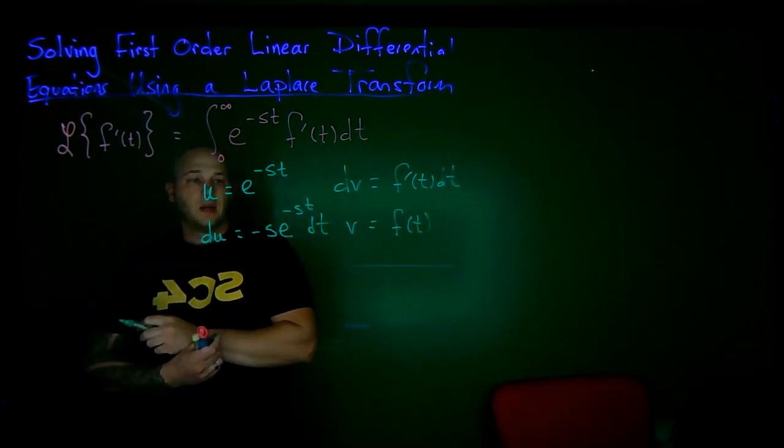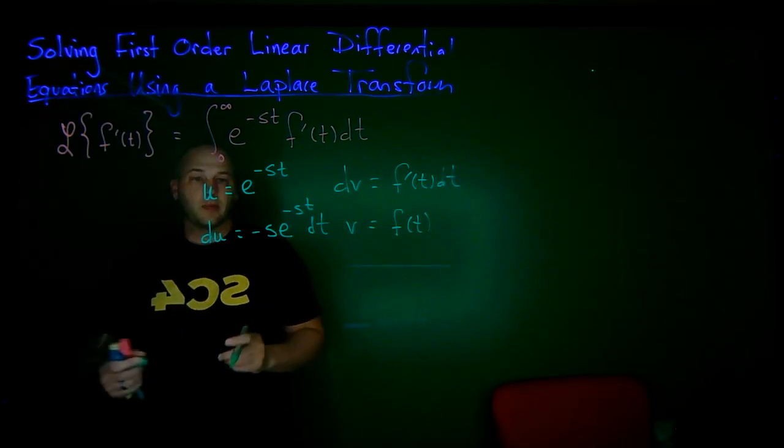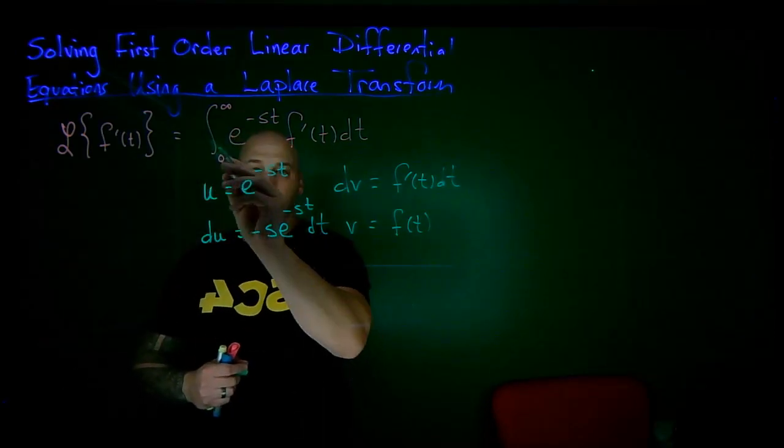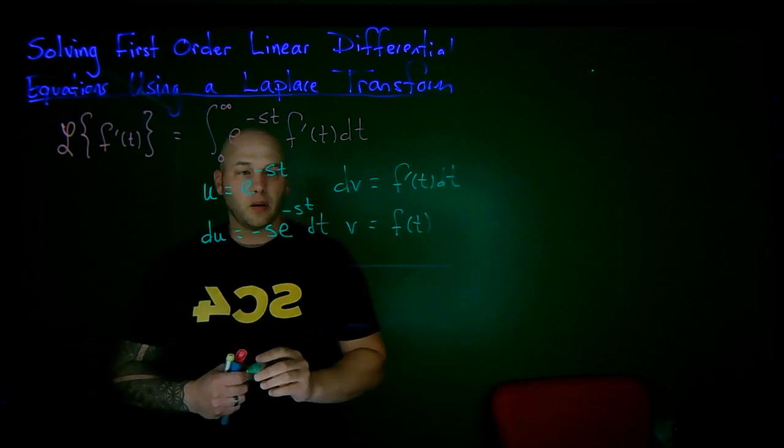Okay. Now, the integration by parts formula says that the integral is going to be equal to uv minus the integral of v du.